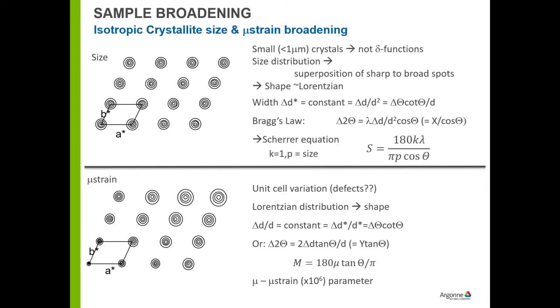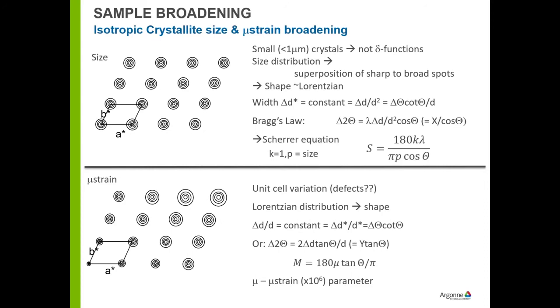On the other hand, if you reduce the size of the crystallites down to around a micron or under, then the Fourier transform of those has a breadth. And the breadth of the reciprocal space spots is then the reciprocal of the size of the crystal. Okay? And you can represent that by saying that the width is a constant in reciprocal space. They're the same everywhere because you start with the same width of crystals, in a sort of simplified way.